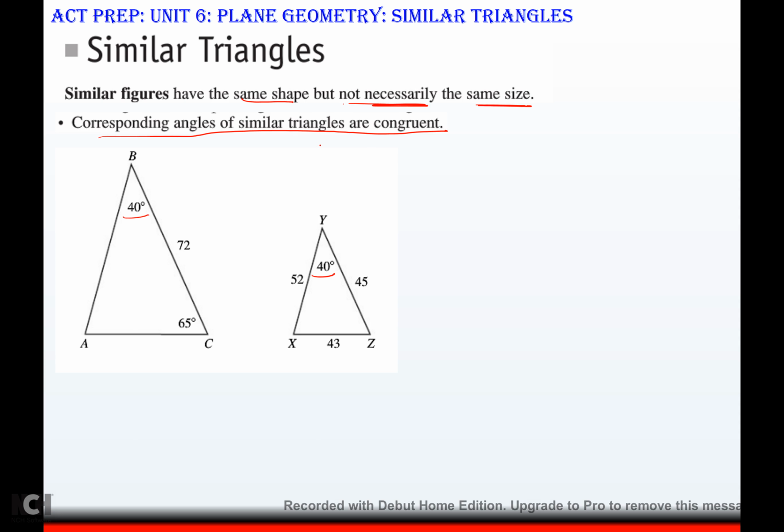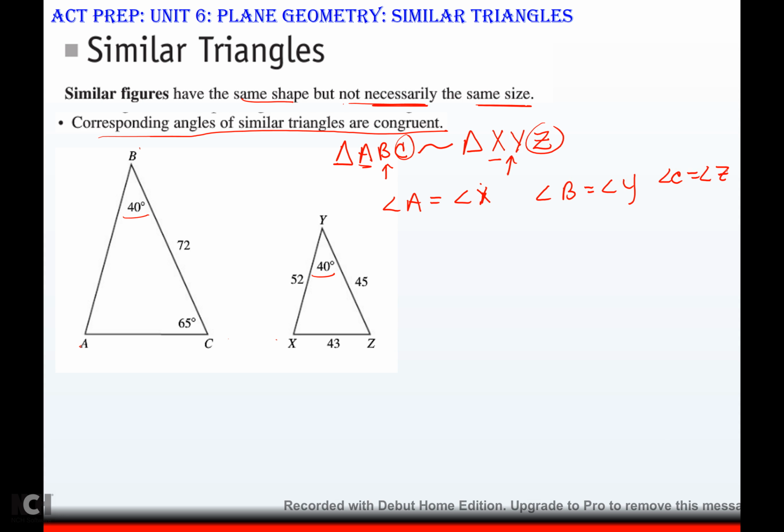If they tell me that triangle ABC is similar to triangle XYZ, then what that tells me is, and again, you've got to look for this notation, they've got to tell you the order that the variables go in, because what this means is that angle A is equal to angle X. It means that angle B is equal to angle Y, and angle C is equal to angle Z. When you have similar triangles, it's guaranteed, this has been proven for you, that corresponding angles of similar triangles are congruent, which means equal.